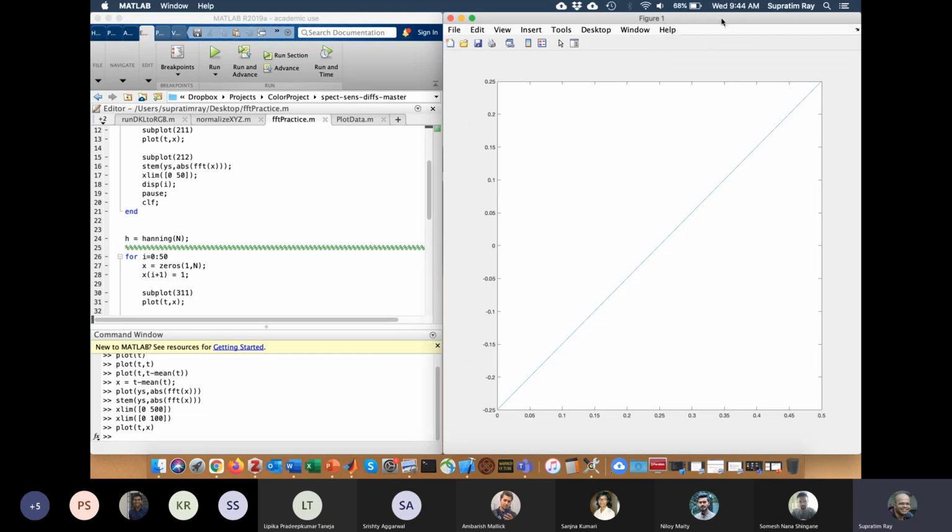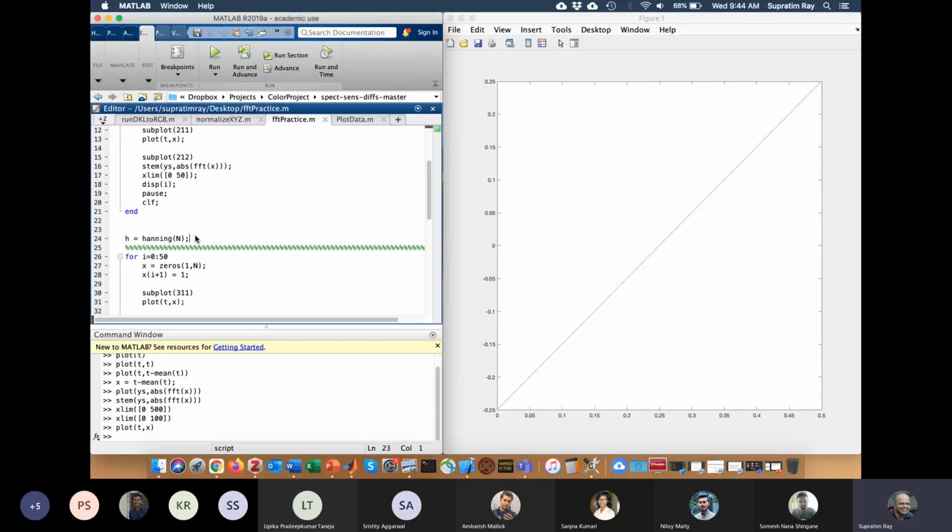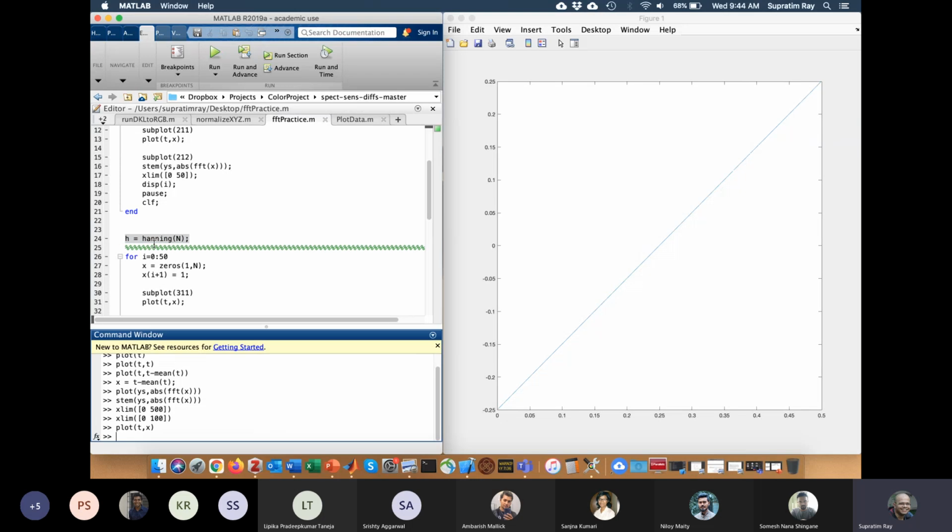Here, this is my t going from 0 to 0.5 seconds, taking values between minus 0.25 to 0.25. Now I can, let's say, create a Hanning window of length n. It's a simple command here. H is equal to hanning(n).